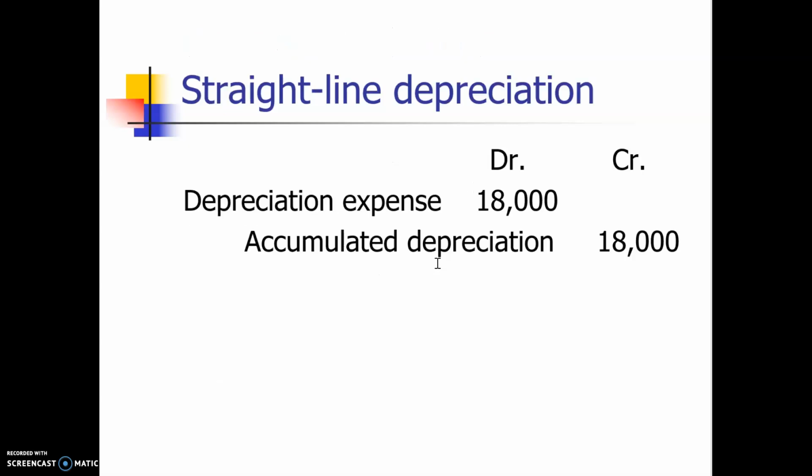So we debit depreciation expense, we credit accumulated depreciation. That's what we do in year 1. In year 2, we'll take 0.375 times the number of miles we drove in year 2, which is going to be a different amount. Unlike straight line, it's going to be a different amount every year if you use the asset differently.